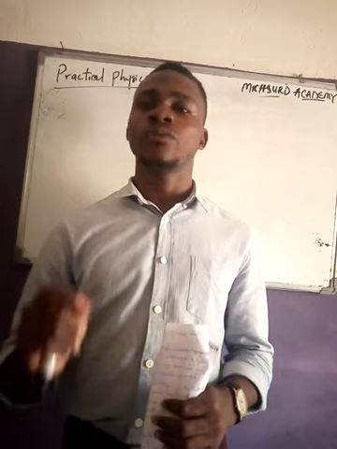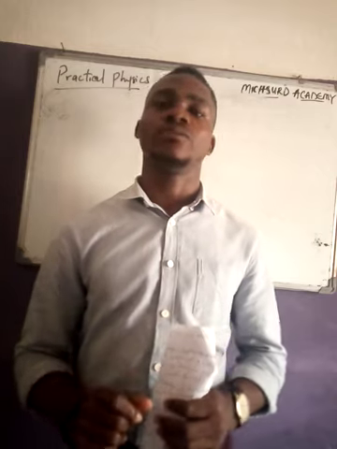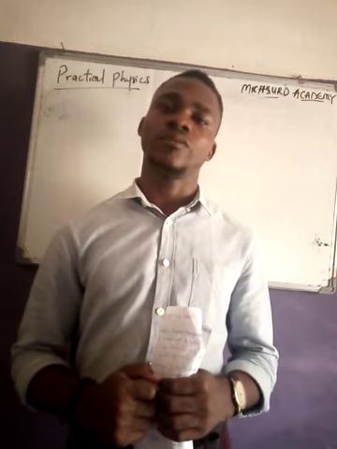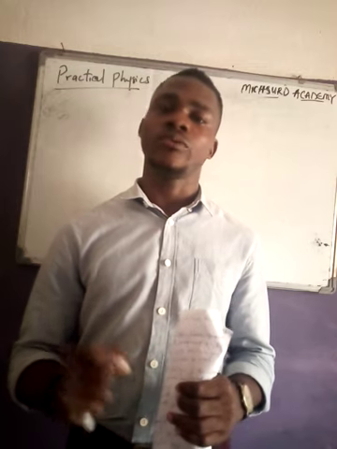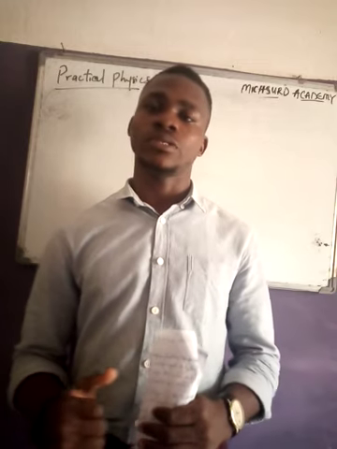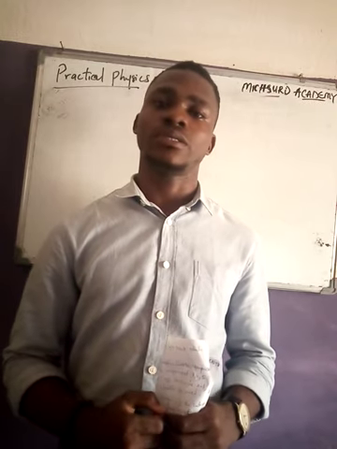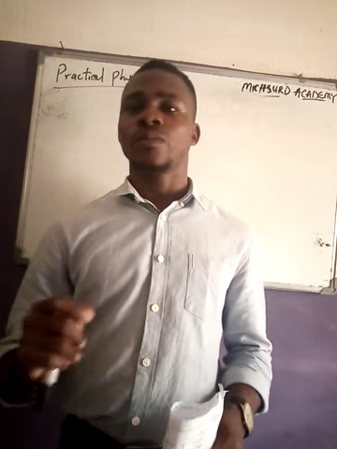Now number four, ensure that you put the unit for every value or quantity that is given. You understand that? In our last topic in the course, we discussed units and measurement. So you can go down to the description box there and see the link for that video to watch for better understanding.